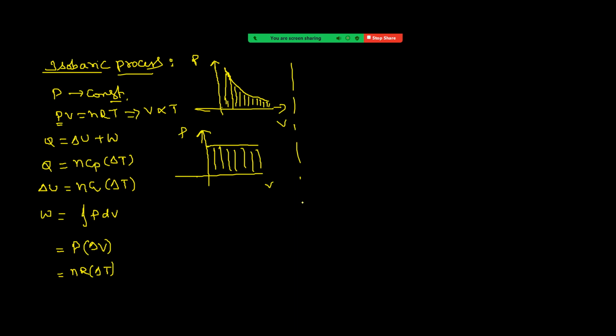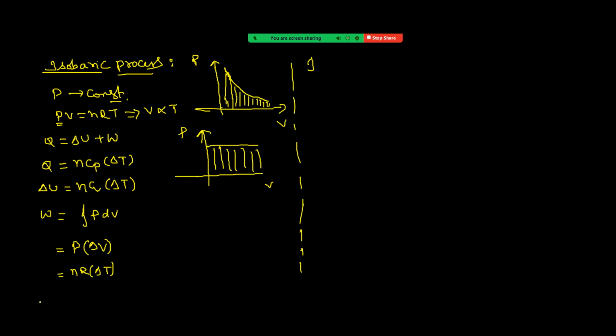Next, focus constant volume. It is known as isochoric process. And here we can see one more point from this one. See carefully. We got a Q value nCp delta T, delta U value nCv delta T, and W nR delta T. Substitute these values in first law.